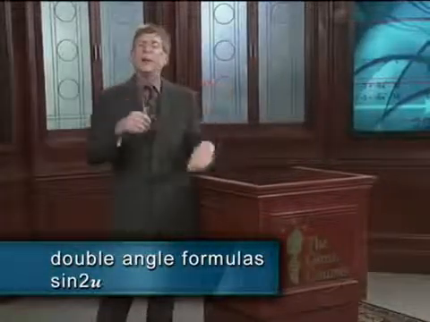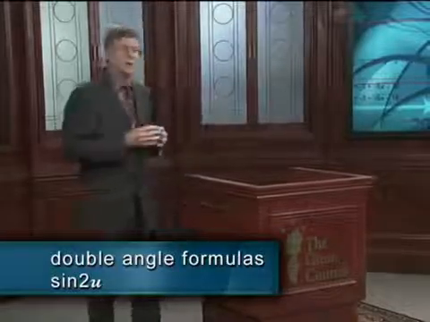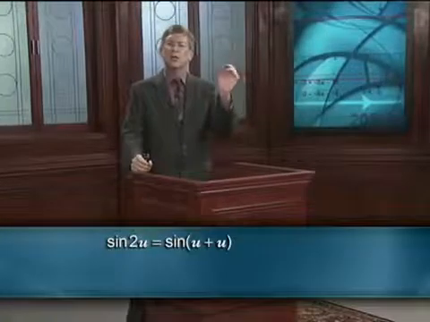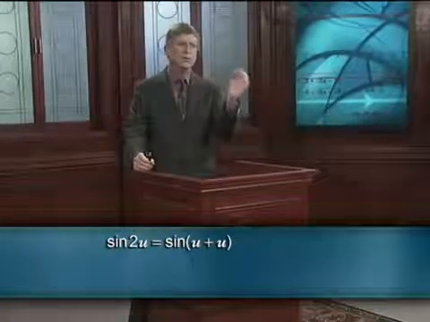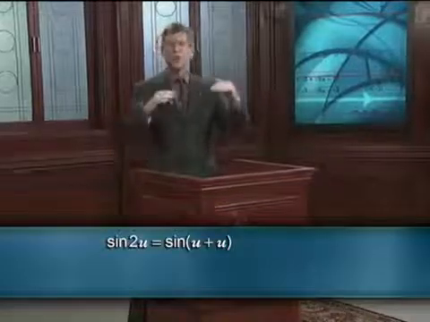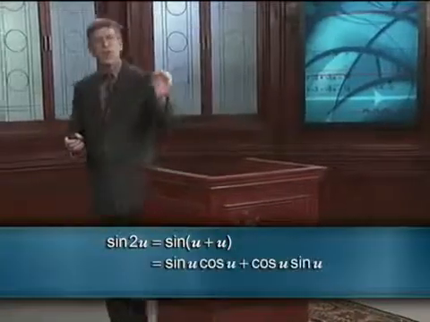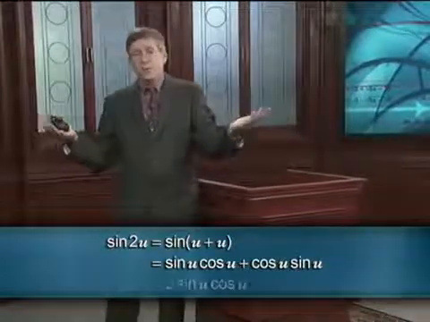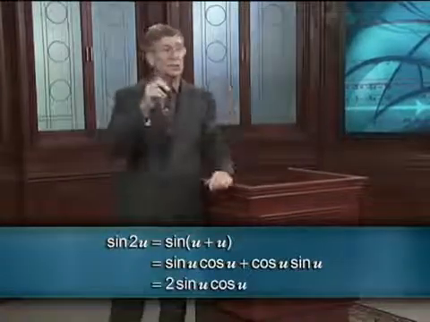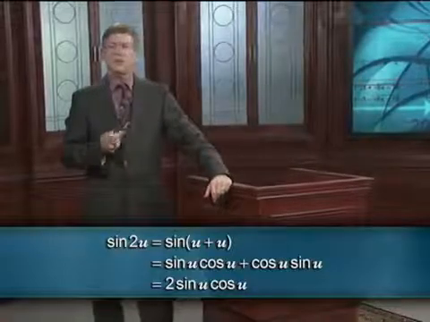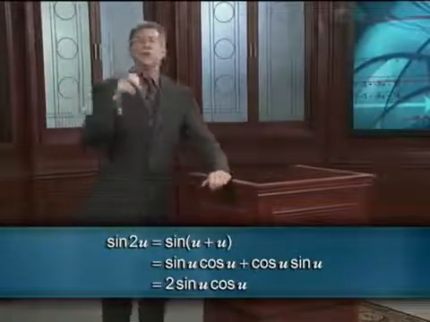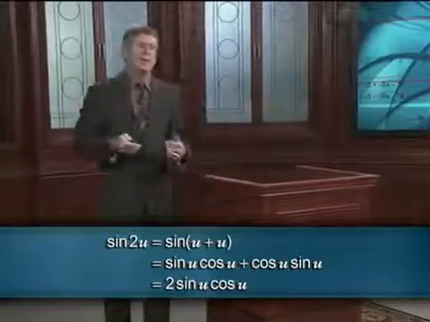How could we figure that out in terms of simpler sine functions and cosine functions? Well, use the sine of u plus u. 2u equals u plus u, and now use our formula. That's equal to sine u cosine u plus cosine u sine u, the same thing twice. It's 2 sine u cosine u. So that's a nice formula to memorize. Sine 2u equals 2 sine u cosine u.